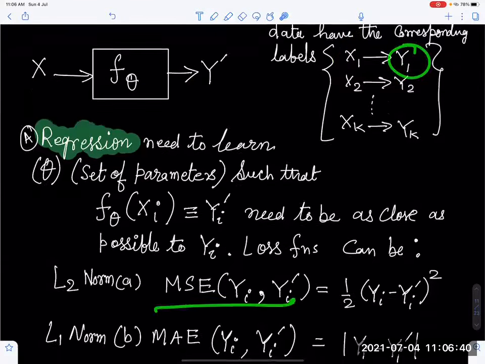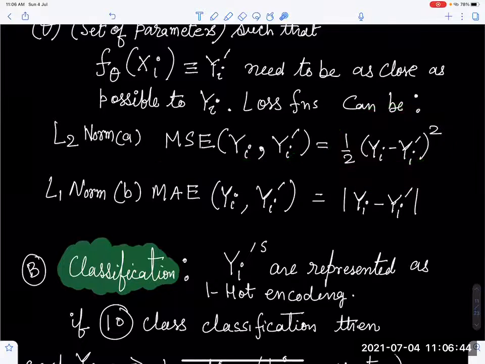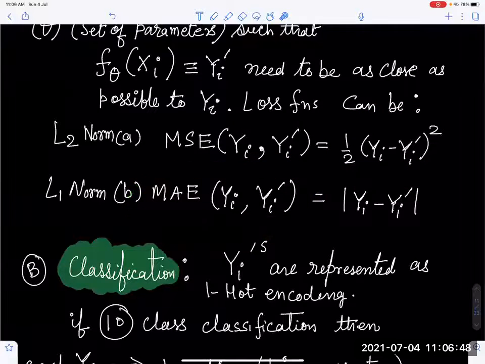That is MSE for you, maybe like this square value. MAE is mean absolute error. Mean absolute error is nothing but this: you just want to find out how far both of these values are, not the square of that.